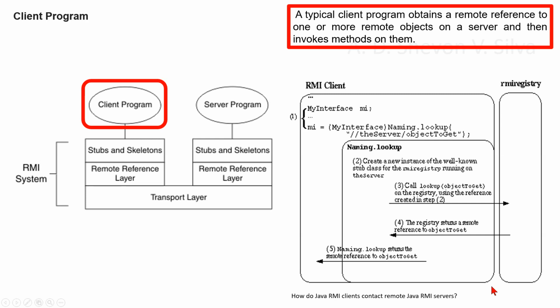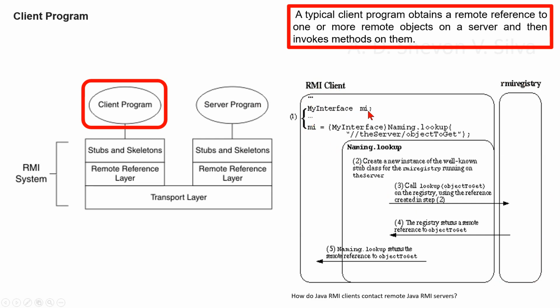If a VM performs both of these functions, it may be referred to as an RMI client and a Java RMI server. Here you can see an RMI client, and here you can see the RMI registry.